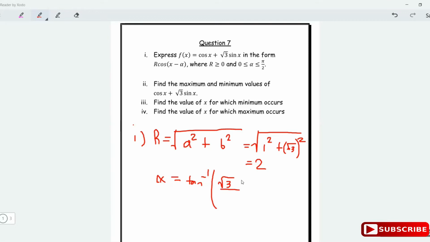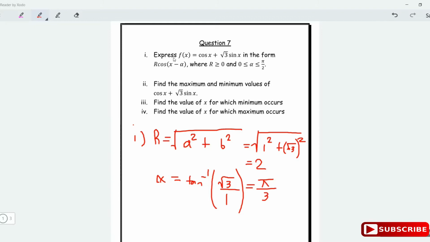So alpha is tan inverse of root 3. Make sure your calculator is in radians so you can find tan inverse of root 3, and you're going to get pi by 3. Now that we know alpha, we're good.